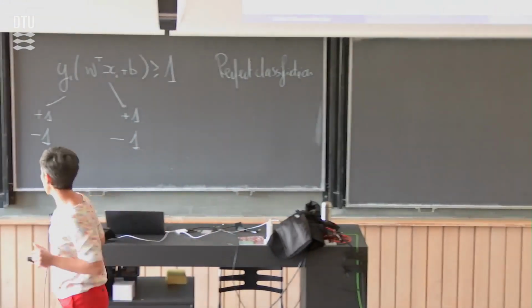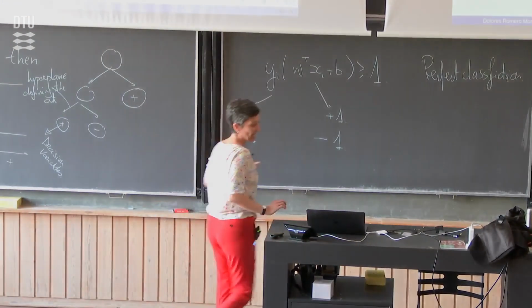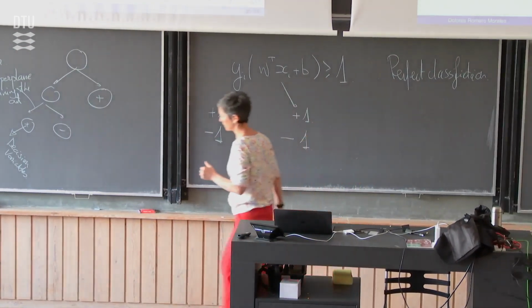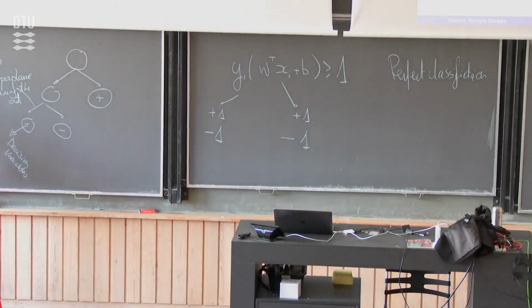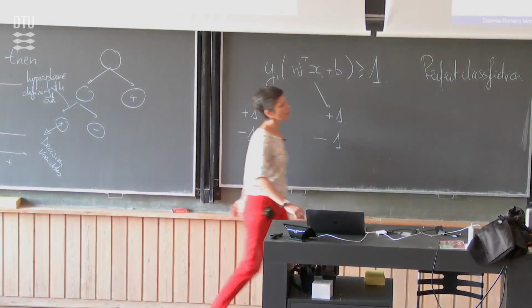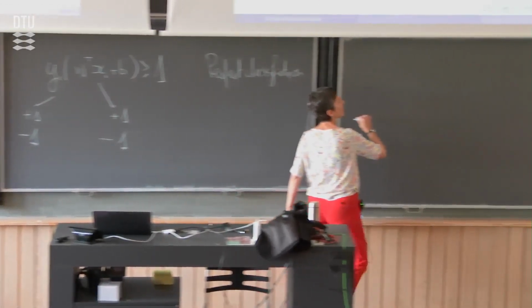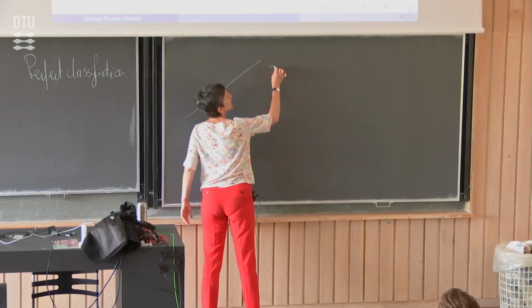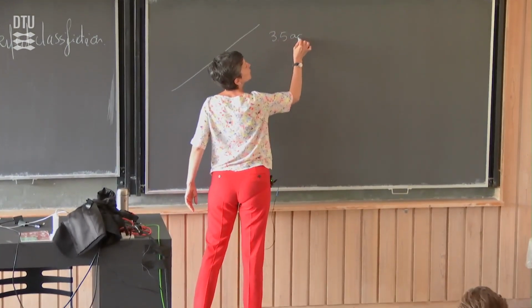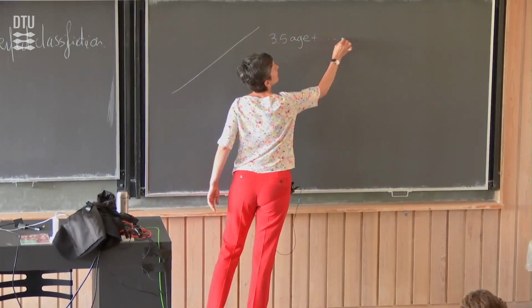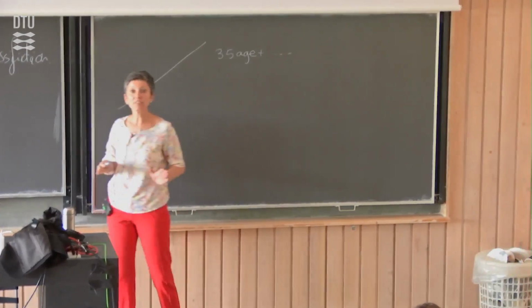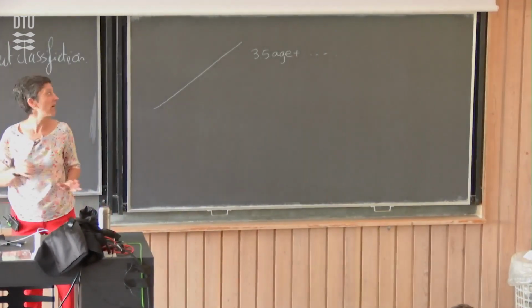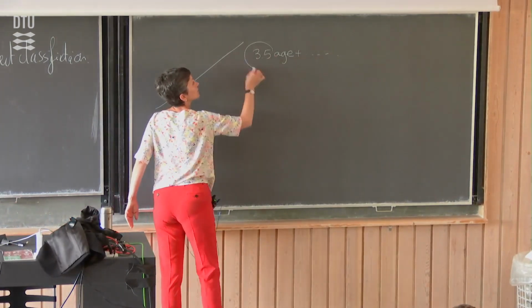We did the following. You have H. Instead of saying that you have a hyperplane in which you have 3.5 multiplying H plus other things, we limit the amount of values that you can put here.